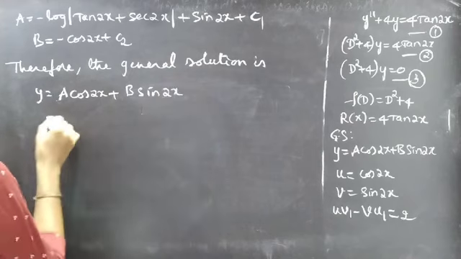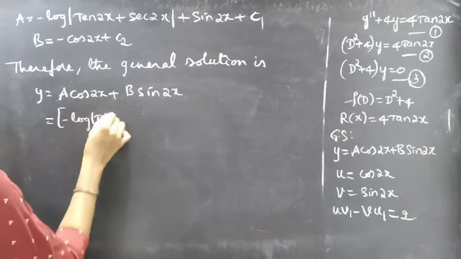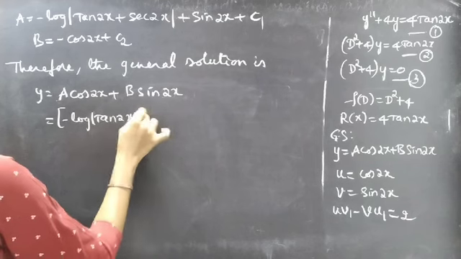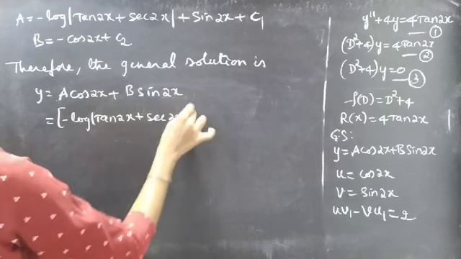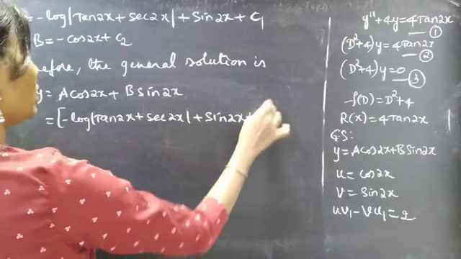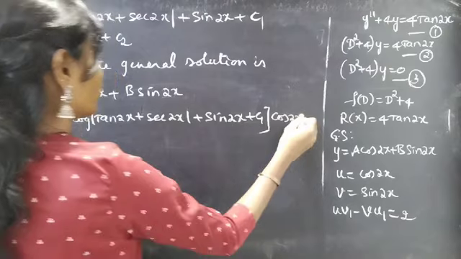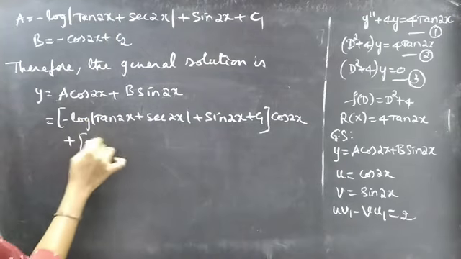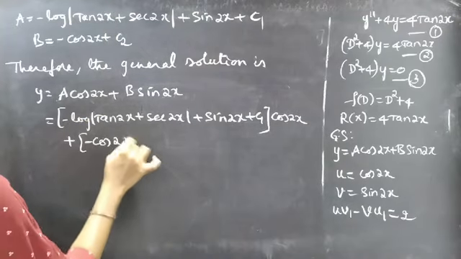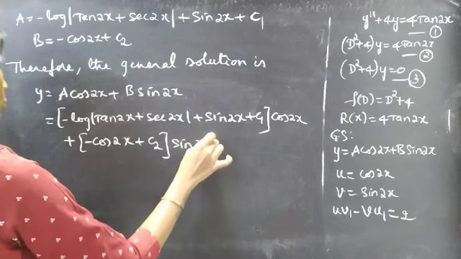Let's now substitute a and b here. We have a, minus log mod tan 2x plus secant 2x plus sin 2x plus c1, into cos 2x, plus b, minus cos 2x plus c2, into sin 2x.